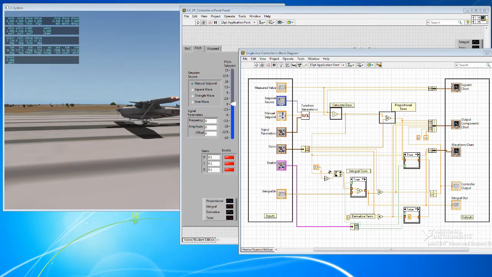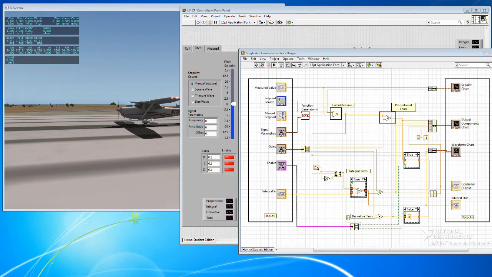But if we were to move this block, all these elements, up prior to this junction here, we would also affect the proportional term and later on the derivative term when we've got it. Now again, you need to think about what you're trying to achieve and think carefully about what effects this is going to have before you decide when and where you want to do this.